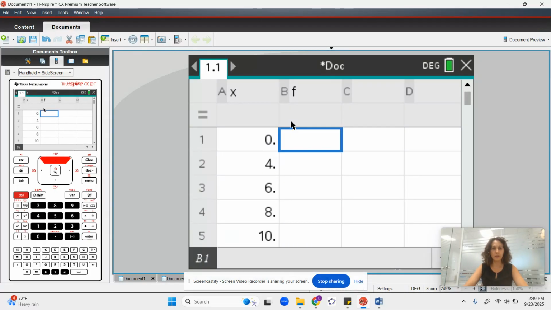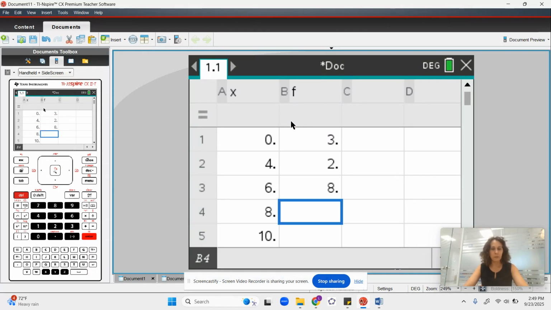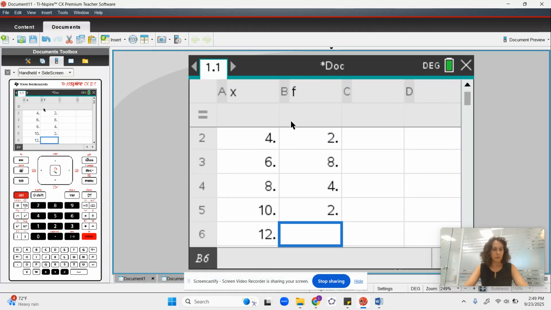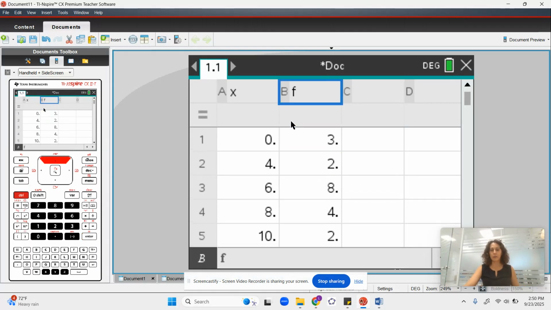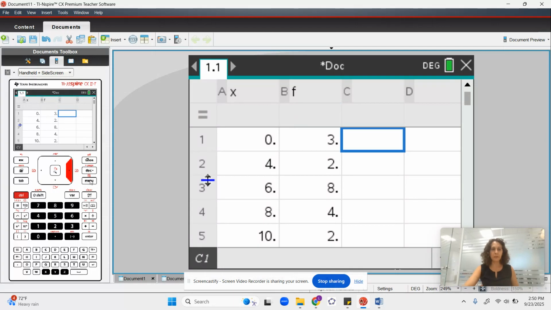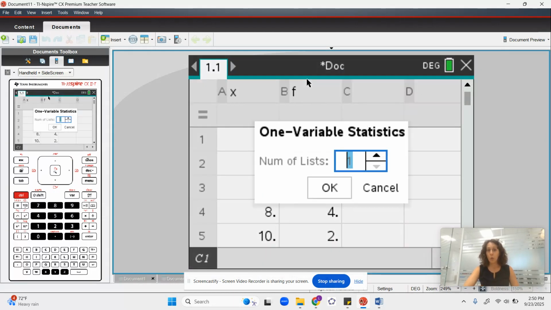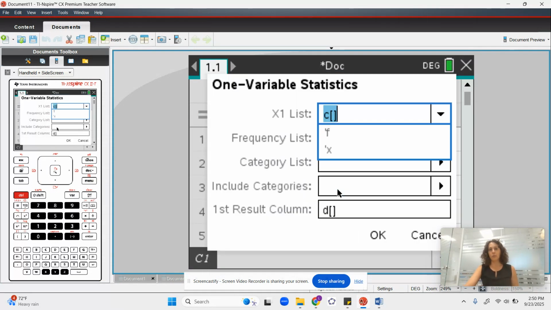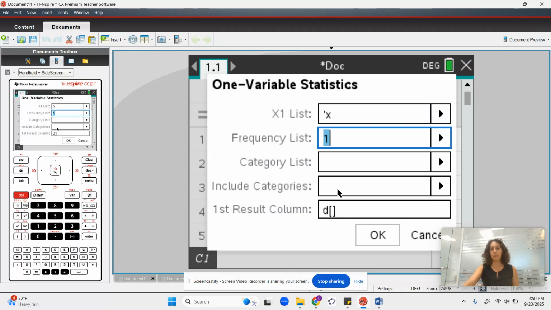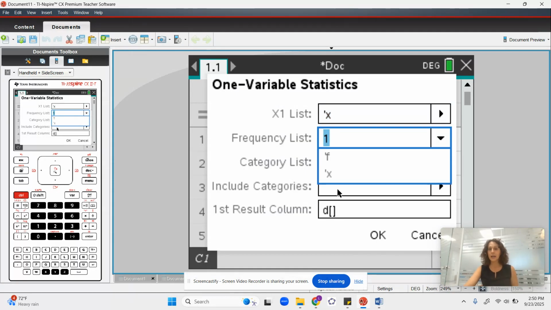Let's see. So those are the number of visits, and now I'm going to type in the frequencies. Okay, so I have X and F labeled as the columns. Now I'm going to say menu, statistics, stat calculations, one variable statistics, one list. What is that one list? It's X. And do I have a frequency list? I sure do.